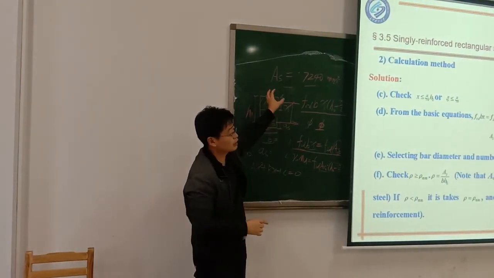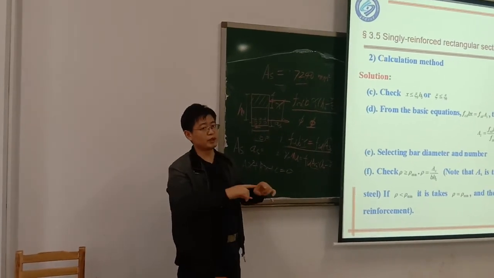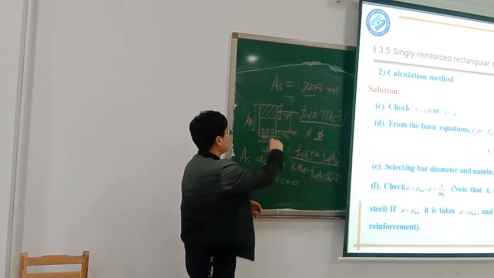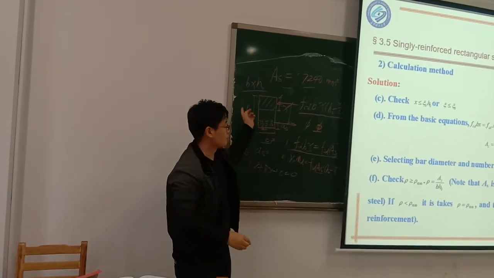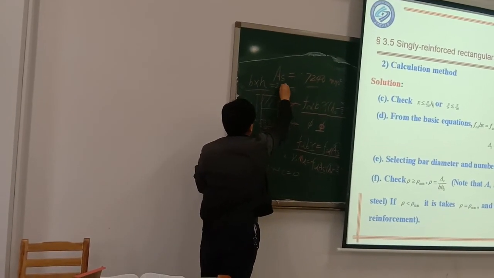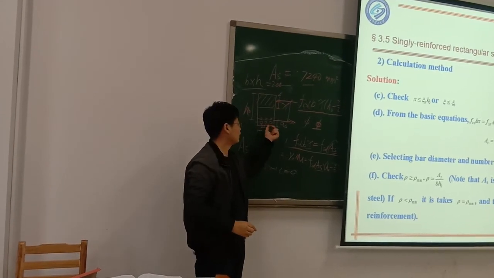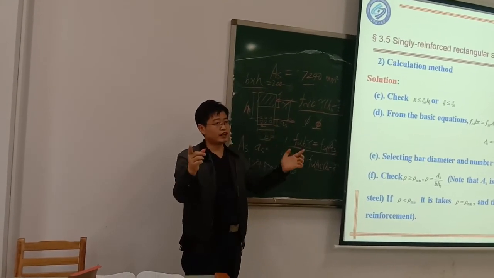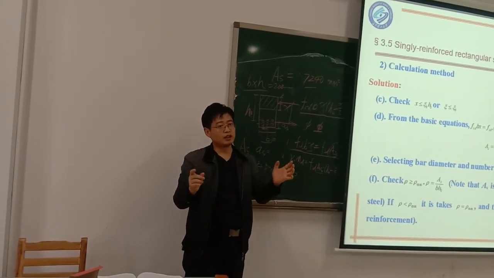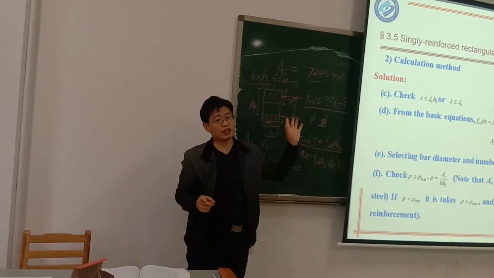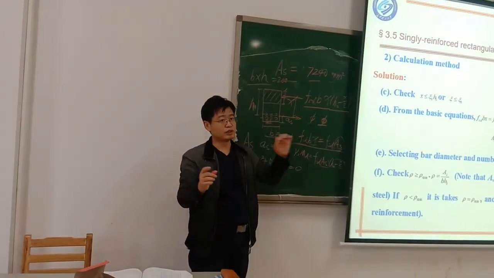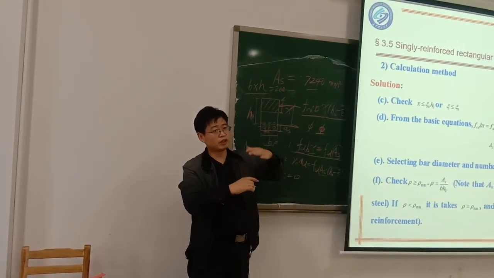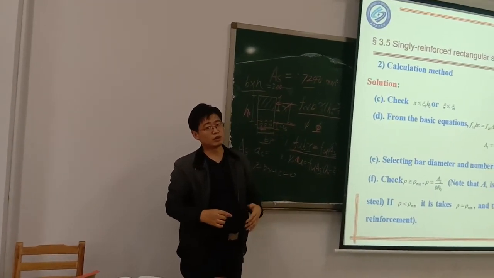Of course in this question I didn't give you the value of the B, but for the real design, firstly we give each B and H. Suppose the B is equal to 200, and then you should calculate if 1 layer of 6 is big enough. If it cannot fit 6, maybe you should make it 2 layers or something.